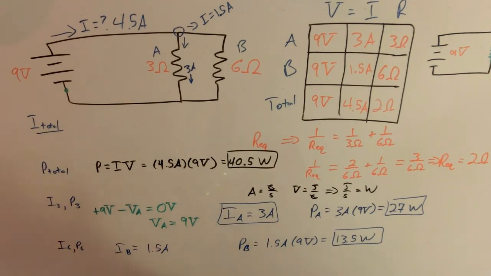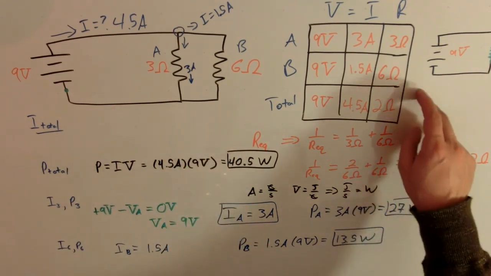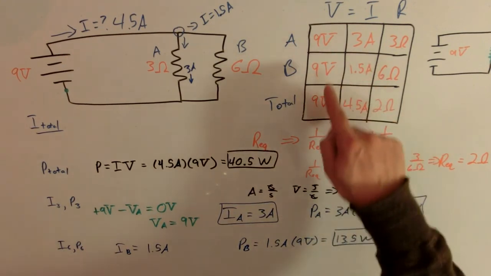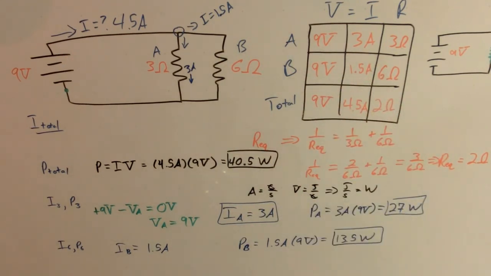Also with the chart, when you deal with extremely complicated circuits, if you don't know what to do next, you can just start looking at your chart and say, okay, what can I do to start filling in some of these numbers? Even if you get lost and you don't know how to get exactly what you're looking for, as long as you can continue filling in more and more of the chart, eventually you're going to have most of it filled in, if not all of it, and you'll be able to answer any question about the circuit.